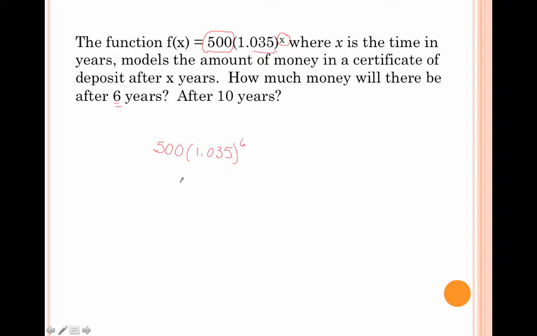So if I put this in my calculator, I see that after 6 years, my CD is now worth $614.63. Please make sure you're pulling out your calculator and trying this so you're getting the same number. I would recommend that you use your parentheses so that you're raising just this number to the 6th power.